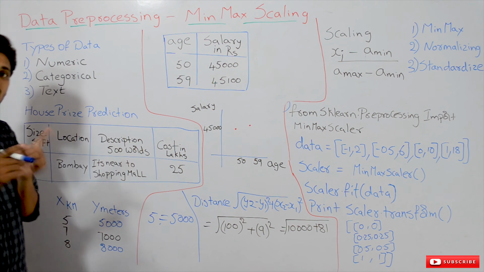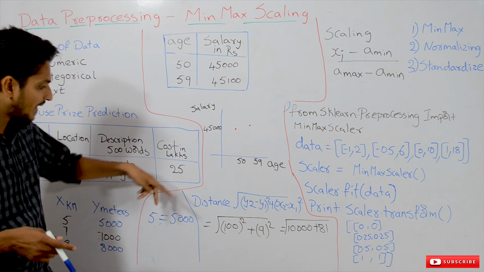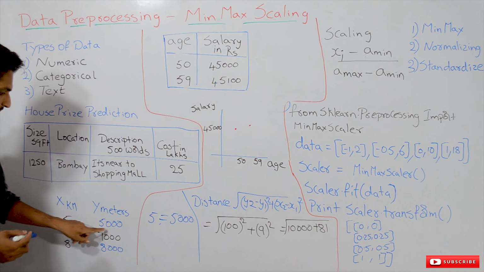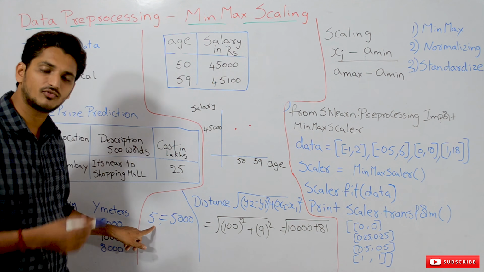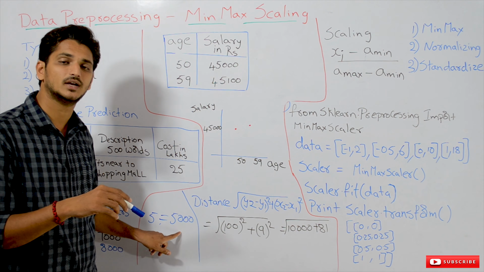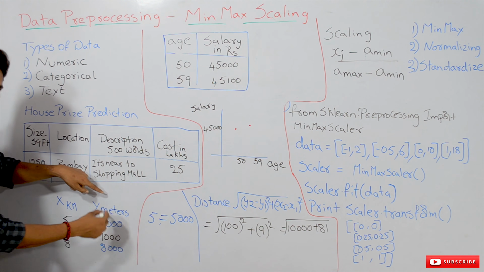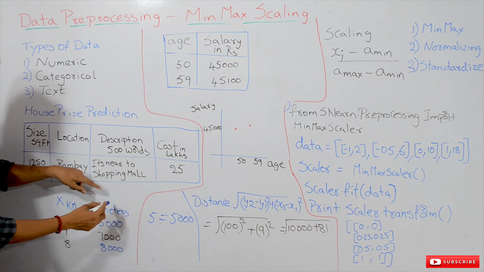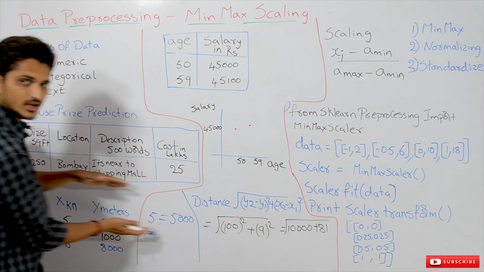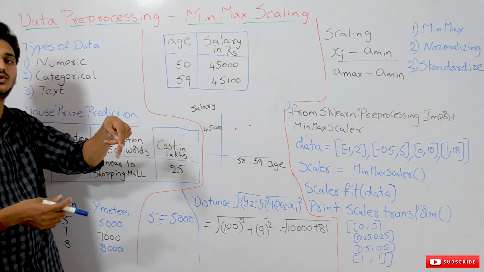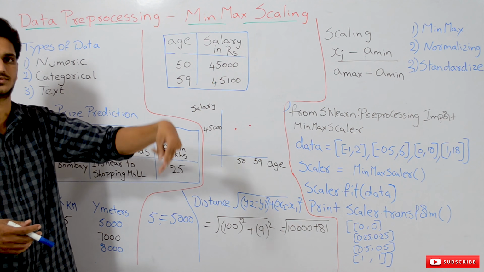But by considering the magnitude, meaning the value, it says 5 not equal to 5000. So we are missing the essence of units here. This is one of the problems which we face using numerical data. What's the problem? Considering the features in different units.